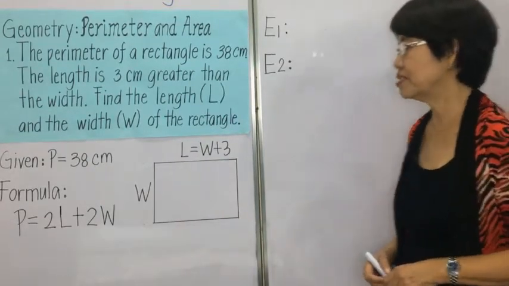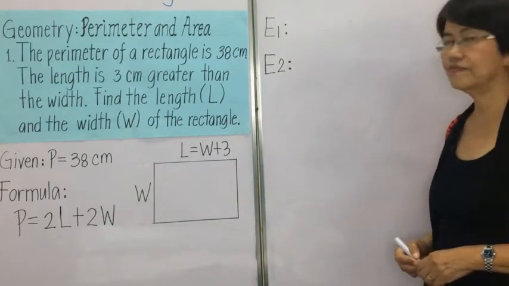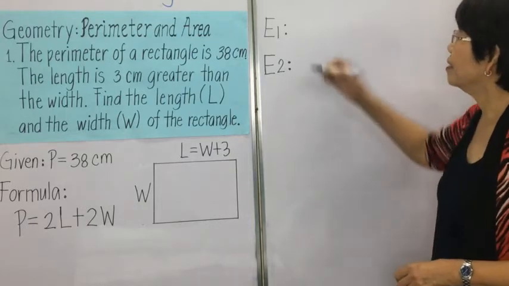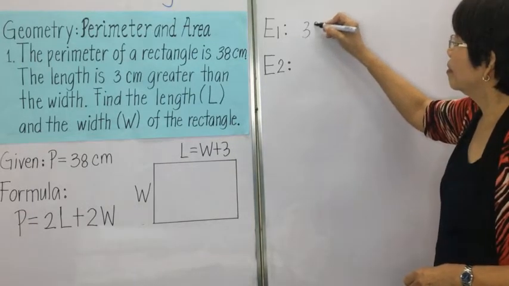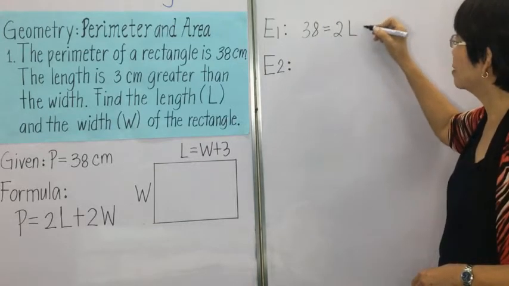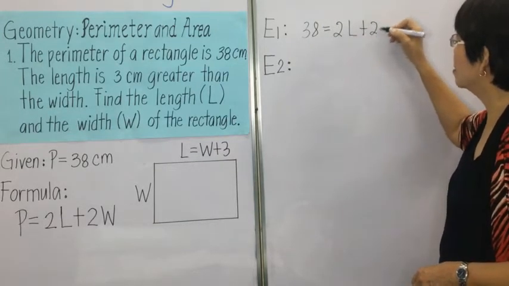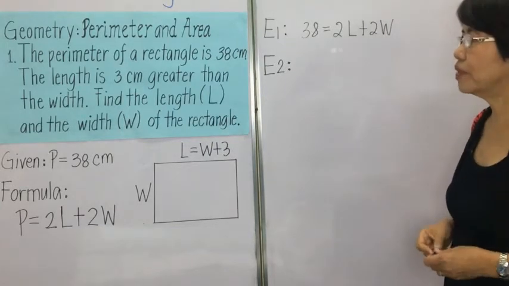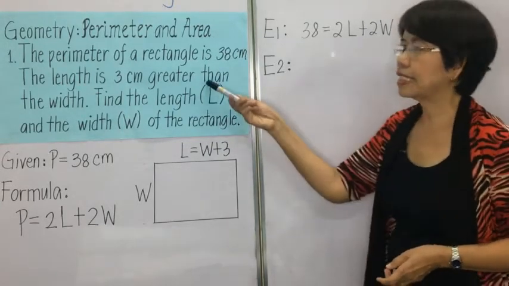And our first equation is the equation for the perimeter. We will substitute the value of P. 38 is equal to twice the length plus twice the width. And then our second equation is the second sentence.